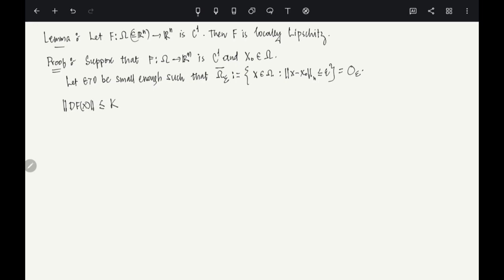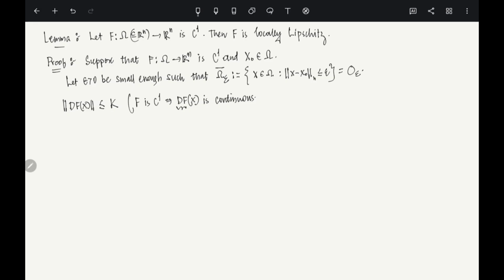Essentially, f is C1, which implies that the derivative of f at some point x is a linear map from R^n to R^n, which is again continuous because f is C1.